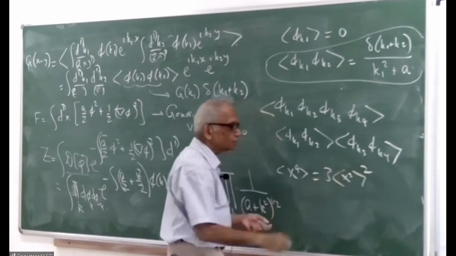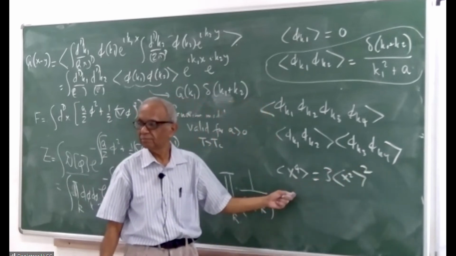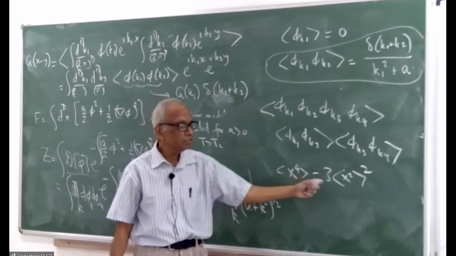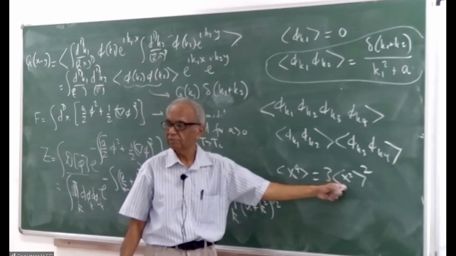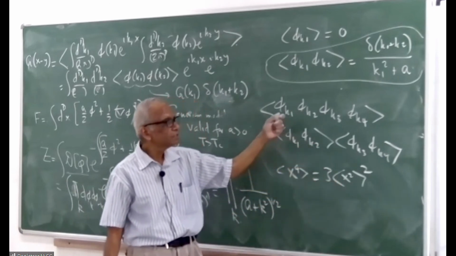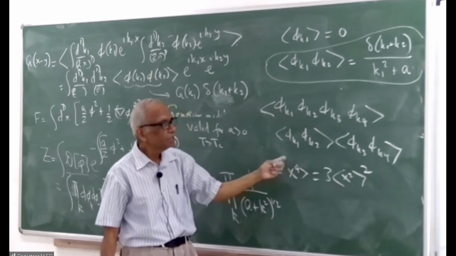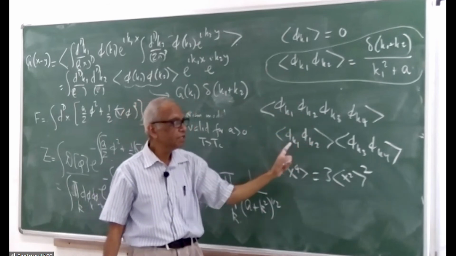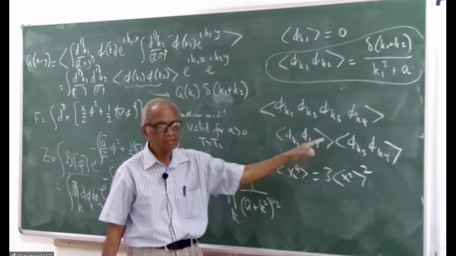If x is a Gaussian distributed variable, the average of x to the fourth is 3 times the square of the average of x squared. The analog is that it breaks up into 3 parts.